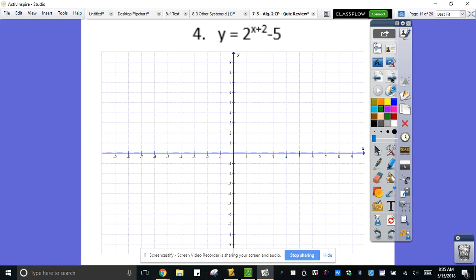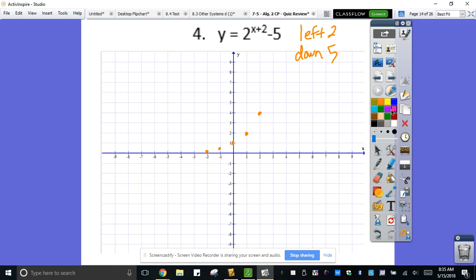Let's combine them. Here, again, always start with the parent function points, the first one we did. Now, x plus 2 tells you to go left 2 and down 5.